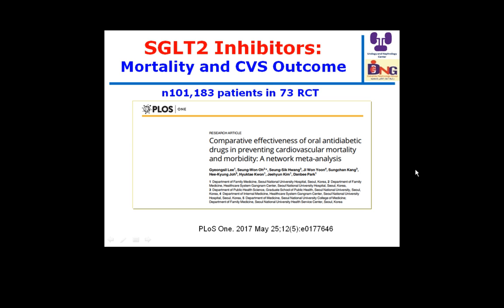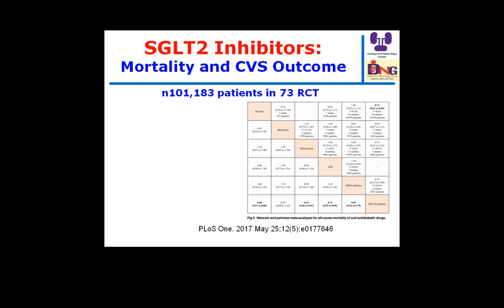This is another study that addressed 73 randomized controlled trials, and the number of patients in these trials was 100,000. So this is a network meta-analysis comparing the effectiveness of oral anti-diabetic drugs in preventing cardiovascular mortality and morbidity. Here, this is a network and pairwise meta-analysis of all-cause mortality of oral anti-diabetic drugs.